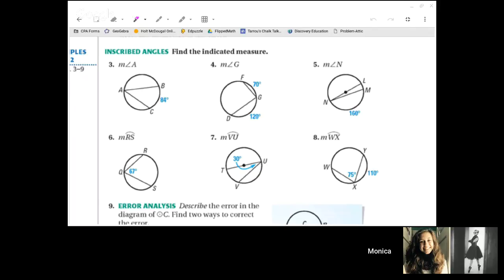So on number 7, what are we solving for? Okay, so since we're looking for arc VU, we have to see what we can figure out about the picture, right?